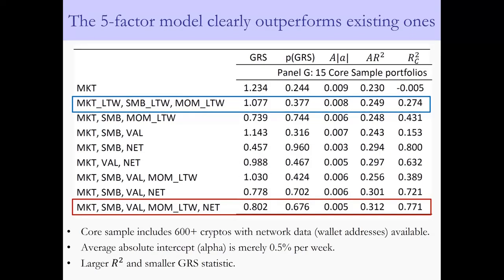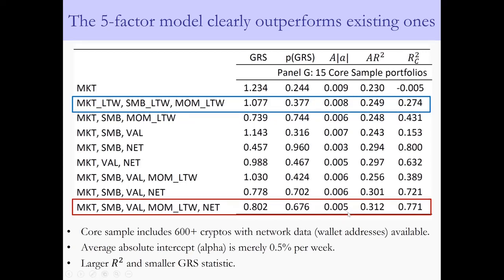Now, if you look at the 15 core sample portfolios, that's even better, right? This sample includes more than 600 cryptos with network data available. These are typically large cap cryptos, but the sample also includes some smaller ones. You see that now the average alpha is reduced to only 0.5% per week.